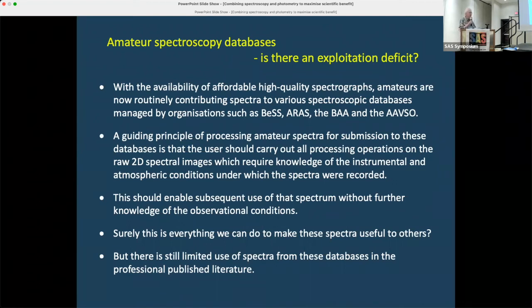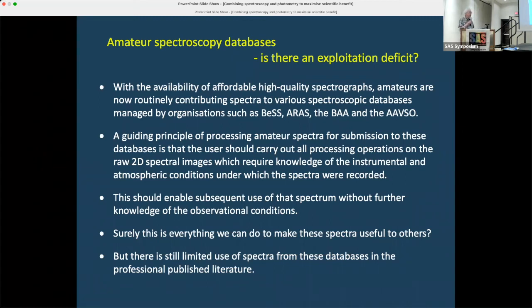And if we do that, that should enable anyone using that spectrum to be able to use it without further knowledge of these observational conditions. So surely this is everything we can do to make these spectra useful, is it not?